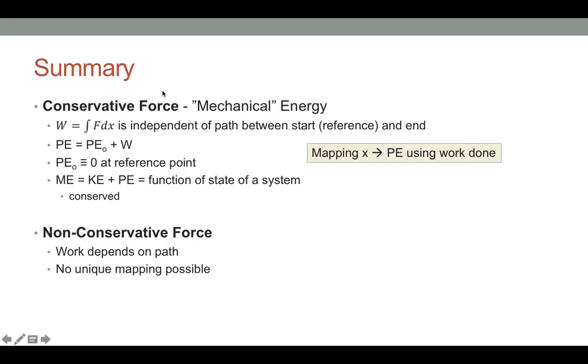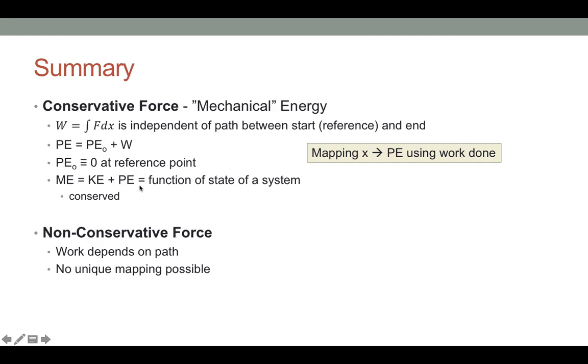In summary, therefore, a conservative force will lead to the conservation of mechanical energy. The integration for work is independent of the path taken between some starting or reference point and some ending point. The potential energy at some point is the potential energy at the reference point, which we're going to define to be 0, plus the work done in getting to the second point. Mechanical energy is the sum of kinetic and potential.